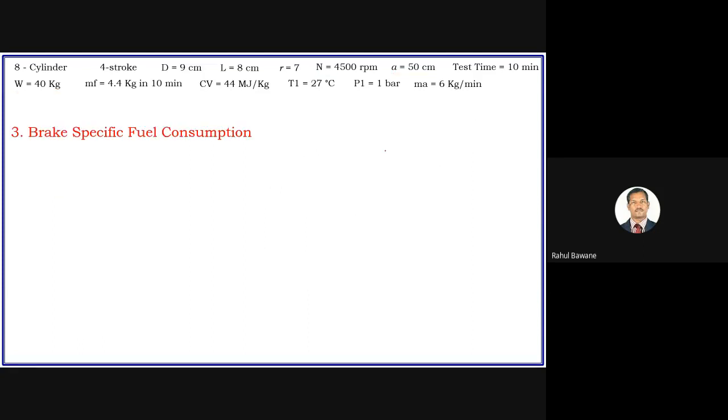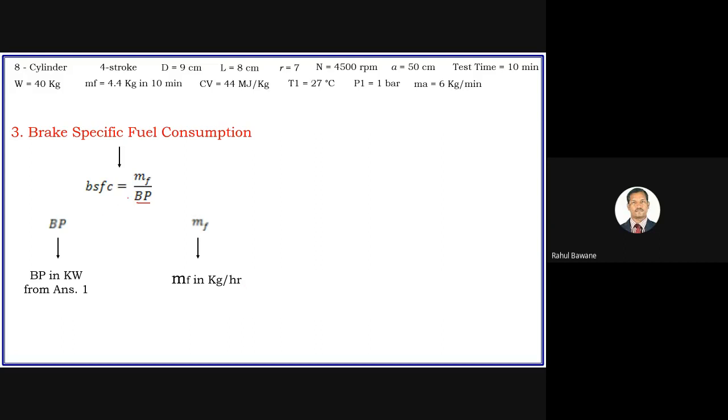Now brake specific fuel consumption. So brake specific fuel consumption, that means fuel consumption per brake power. So again, if your brake power value is wrong, this answer will again be wrong. Brake power is calculated in kilowatt, kilojoule per second. So your mass of fuel should be in kg per second.